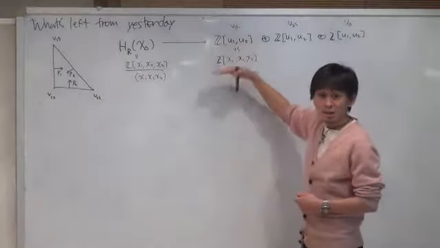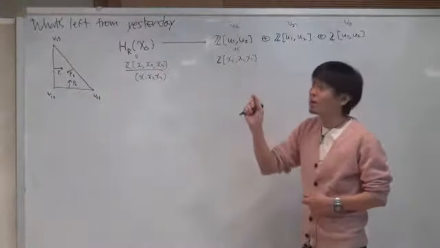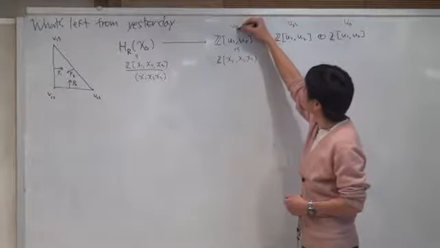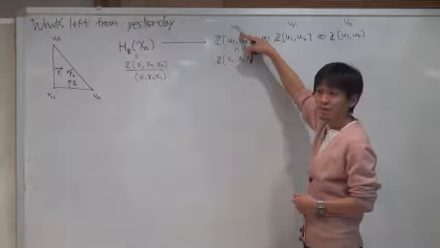But if you lift the fixed point, there is a, so this vertex is indexed by 1, 2.